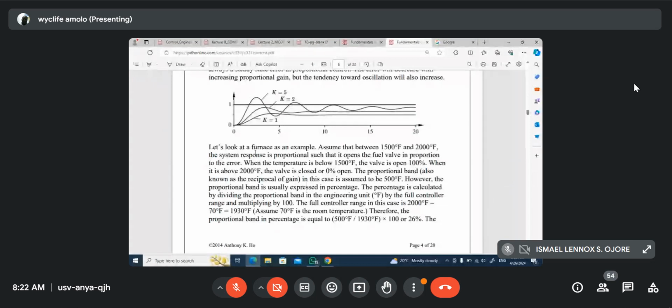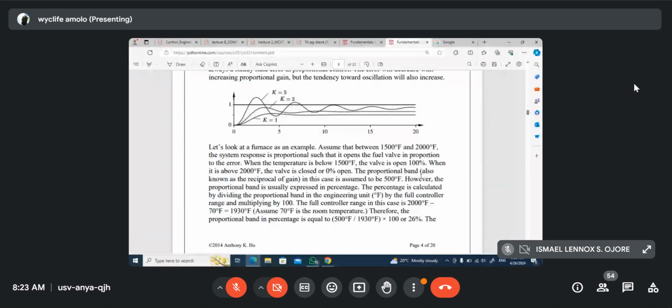So let's look at a furnace as an example. Assume that between 1,500 Fahrenheit and 2,000 Fahrenheit, the system responds proportionally such that it opens the fuel valve in proportion to the error. When the temperature is below 1,500, the valve is open 100%. When it is 2,000, the valve is closed, or 0% open.